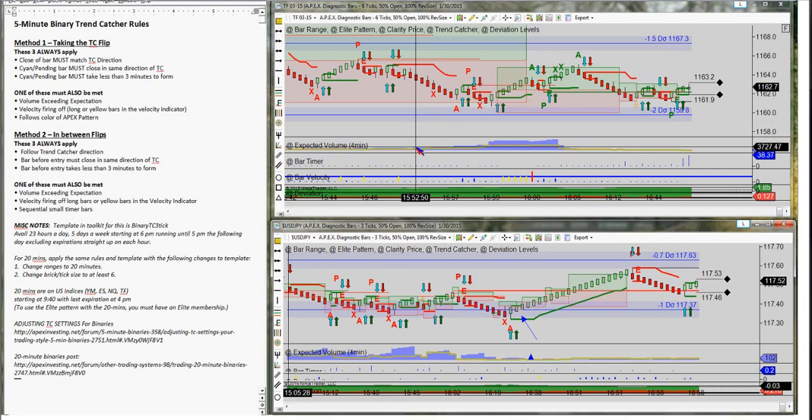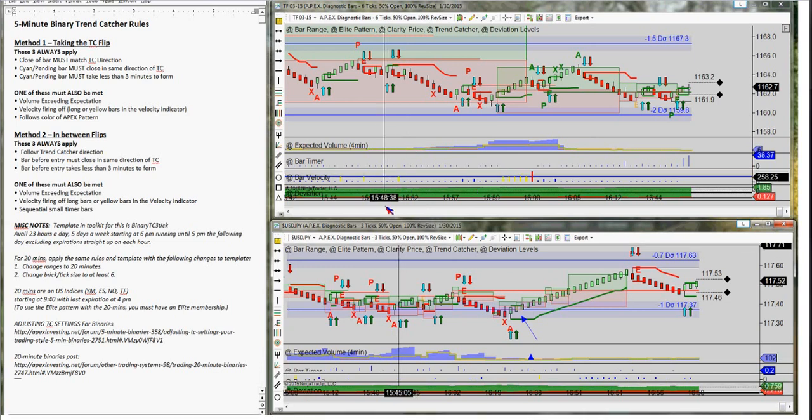Do I prefer volume to exceed or velocity? That's a good question. I'm more of a bar timer person. I'm looking closer at my bar timer than I am anything else. I'm going to use this 20-minute one for an example. You had a lot of little tiny bars.